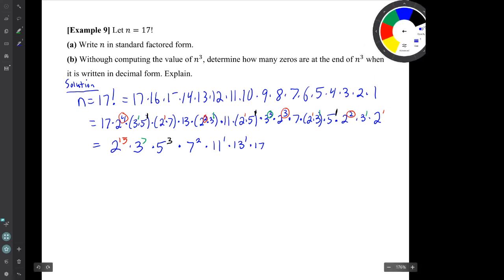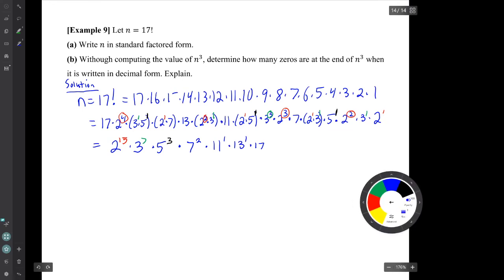So here's a question. Question B. Without computing the value of n cubed, determine how many zeros are at the end of n cubed when it's written in standard decimal form. Yikes, how do we do this?